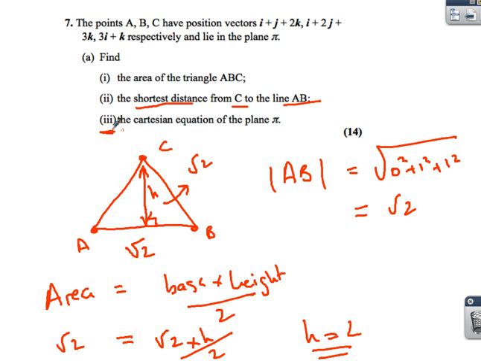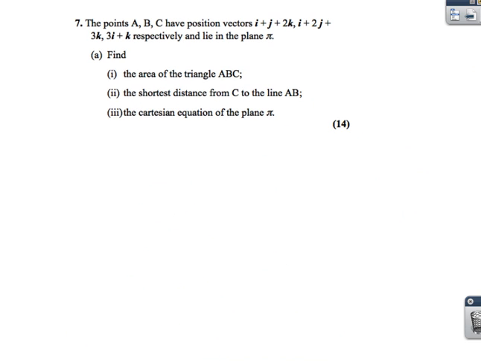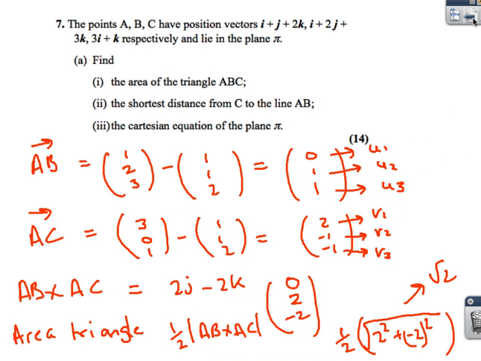And then part 3, rather, the Cartesian equation of the plane that we've got here. Okay, so the Cartesian equation, if we flick back to here, we already worked out the cross product of AB and AC.